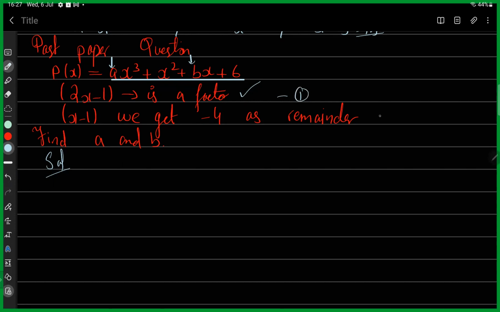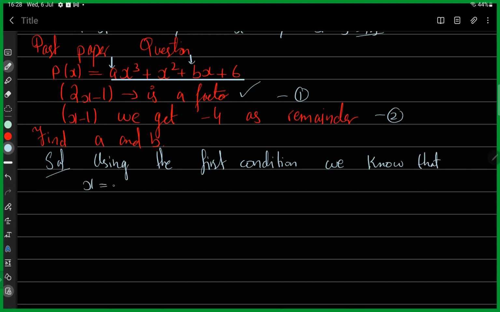It's the first condition and it's the second condition. Using the first condition, we know that 2x minus 1 equals 0 would give x equals 1 by 2.